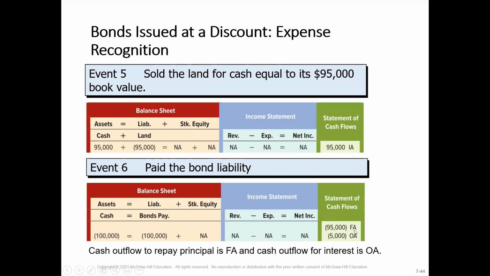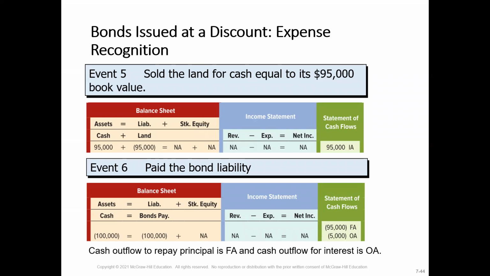And it is a split in terms of the statement of cash flows. We have a financing activity of the original amount of the bond issue of $95,000, and we have effectively paid interest of $5,000. That part was not recognized on the statement of cash flows yet, though.